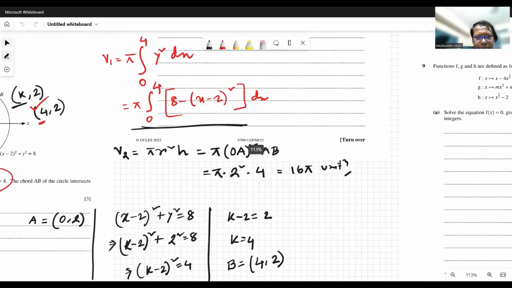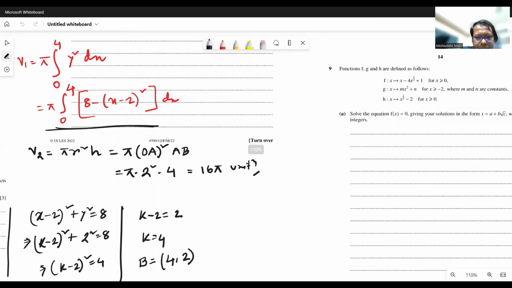Okay, fine. So let's solve this. So the volume is going to be V1 minus V2.